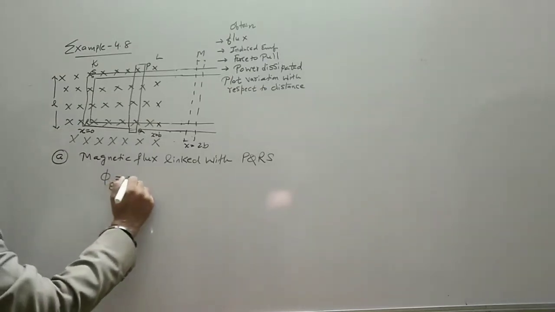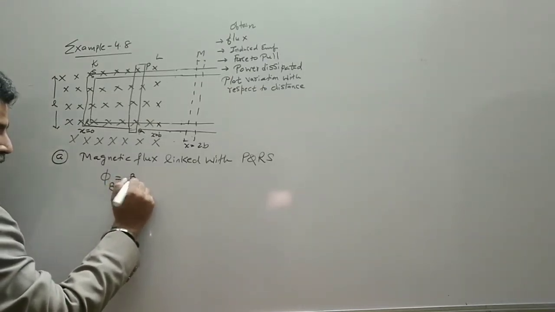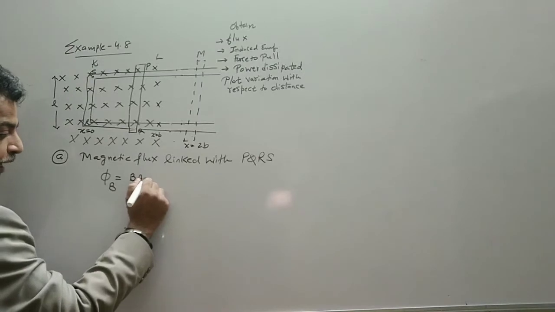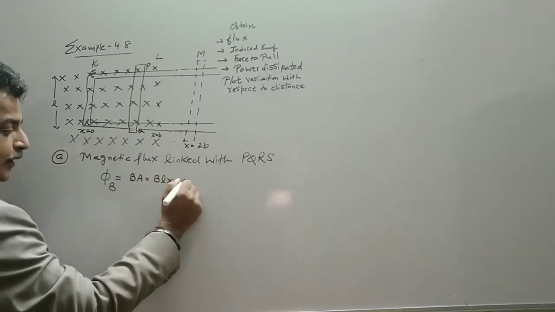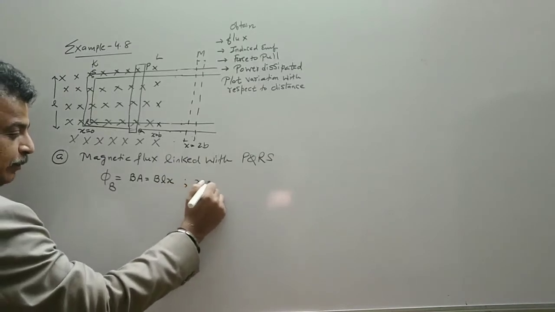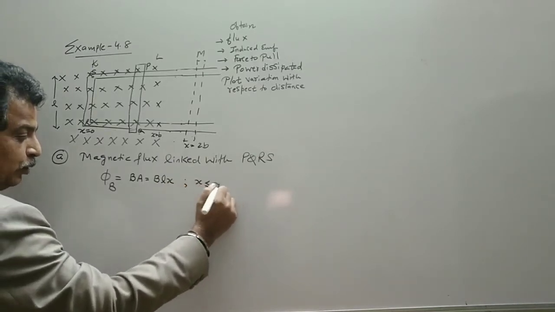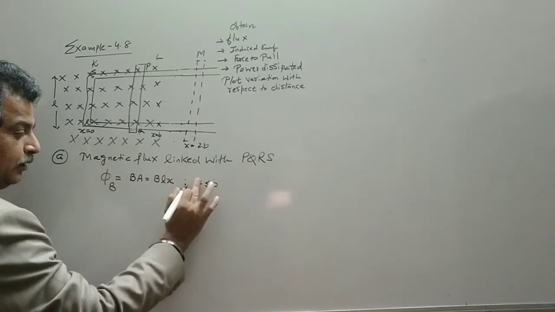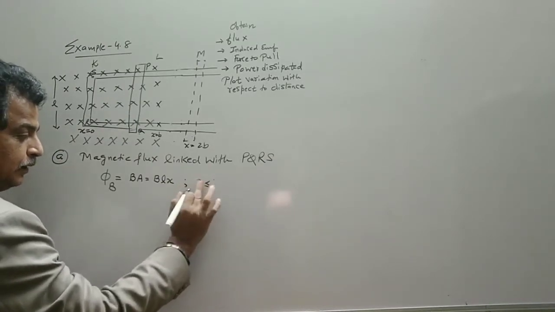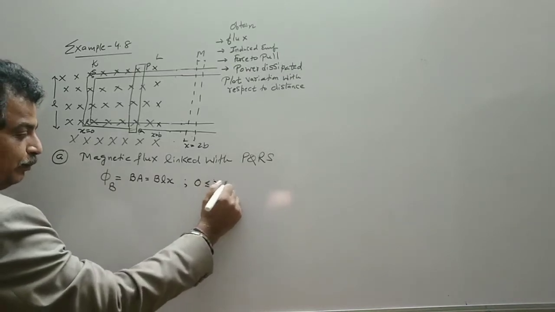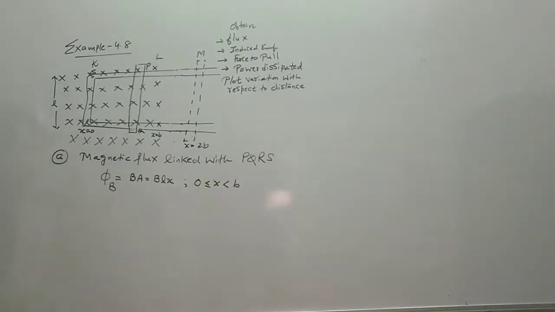So the magnetic flux formula will be B into A, that is equal to B L into x, where x is a variable which starts from 0 and is less than b. So x we have taken as a variable.